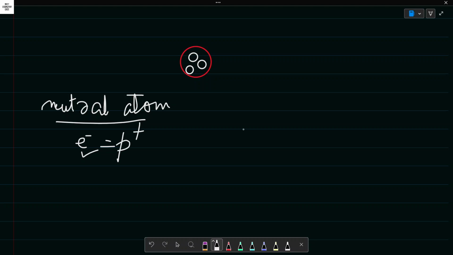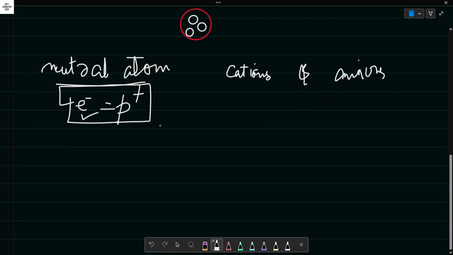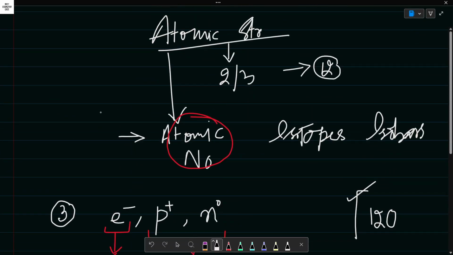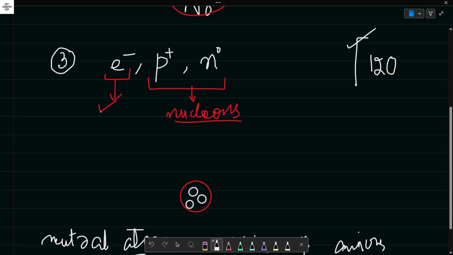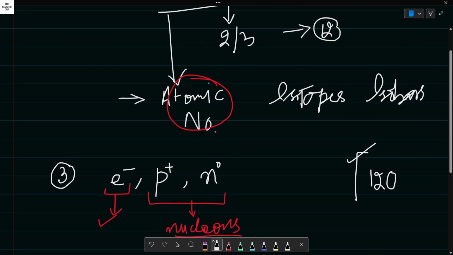But for charged species, which are ions, like cations and anions, we cannot say that the atomic number is the number of electrons, because there is an imbalance in the number of protons and the electrons, right? So you can say that atomic number is the number of protons present in the nucleus of an atom, or the number of electrons present in a neutral atom. All right, so that's the concept of atomic number.